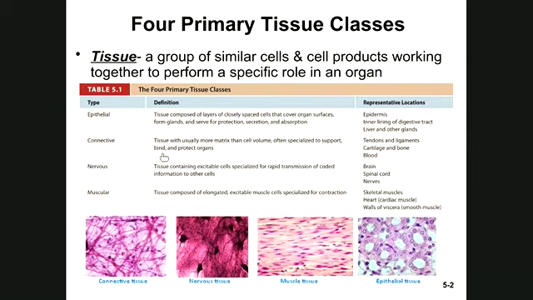And the last tissue is called muscular tissue. The muscular tissue is composed of elongated, excitable muscle cells, and they are specialized for contraction.